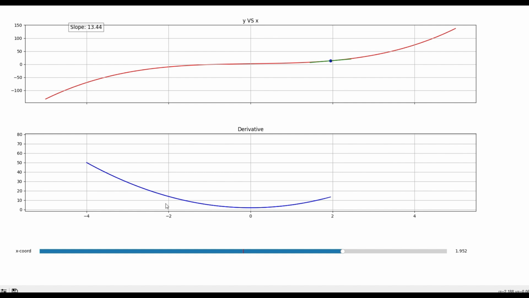So the derivative of a function will always be a positive value here. Please observe that the derivative function graph is always above 0, that is, above the x-axis. Do you agree? It's always above the x-axis.